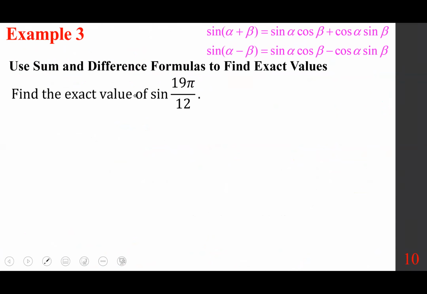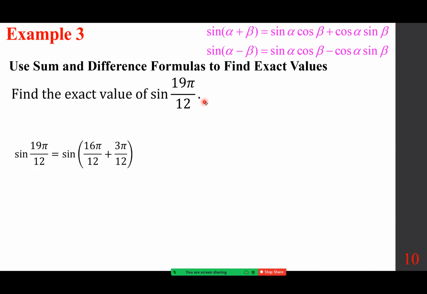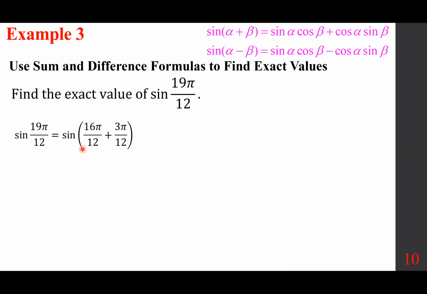All right, we want to find sine of 19 pi over 12, and we want to cut this into two pieces that are common arcs. So what about 16 pi and 3 pi? This becomes 4 pi over 3, and this becomes pi over 4.